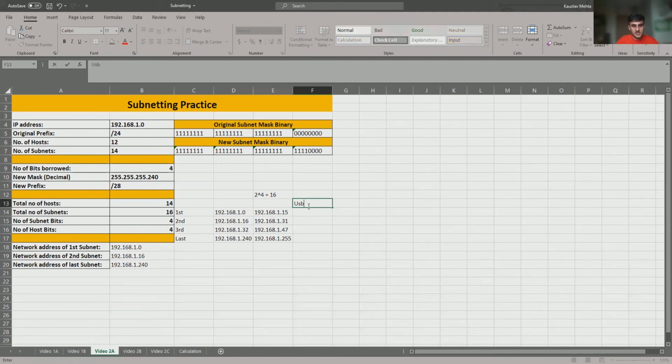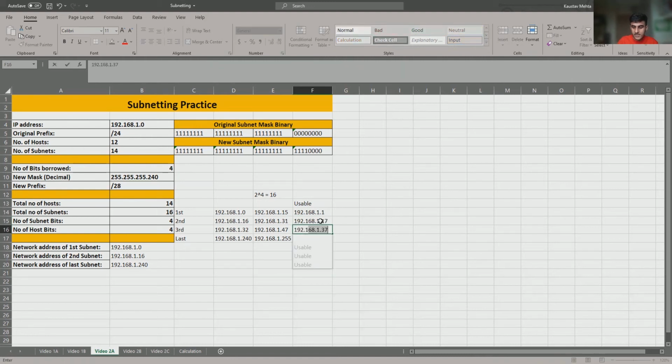So if that's the case, then the first usable host will just basically be +1 in the network address, so 192.168.1.1. And then the second would be .1.2 and so on till we reach the broadcast address. And similarly for these, it'll be 192.168.1.17.